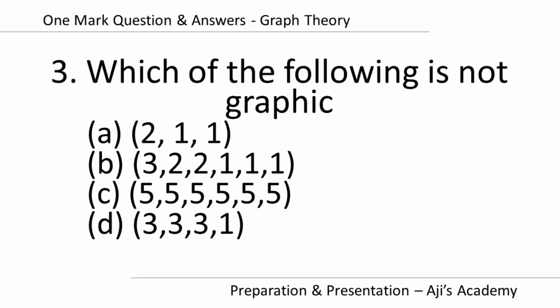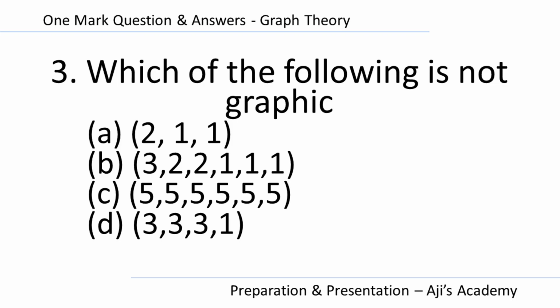Question number 3. Which of the following is not graphic? They are given four options. First option is 2, 1, 1. See, a degree sequence or a partition is said to be graphic if we could draw a graph using that partition or degree sequence.